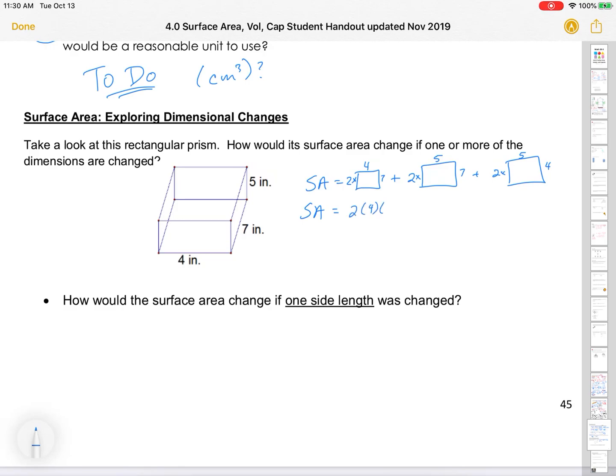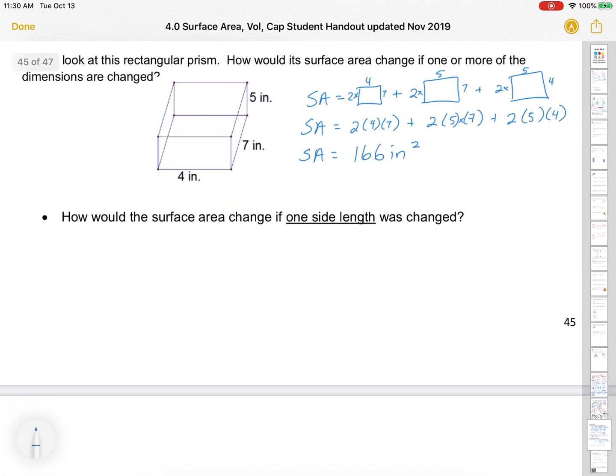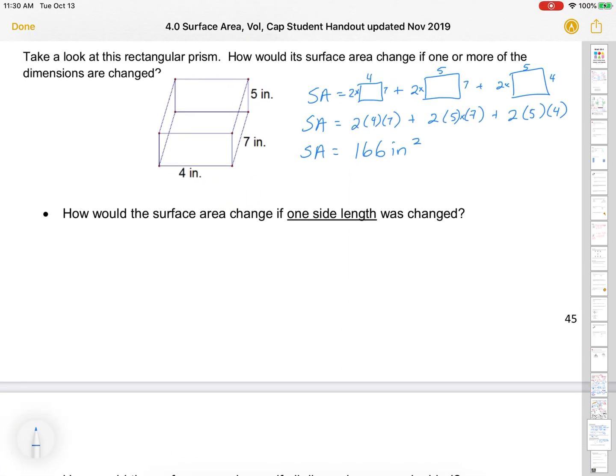So it is 2 times 4 times 7 plus 2 times 5 times 7 plus 2 times 5 times 4. So surface area, we total all those up and we get 166 inches squared. Why did I write meters? Because it looked like a meter on my notes.